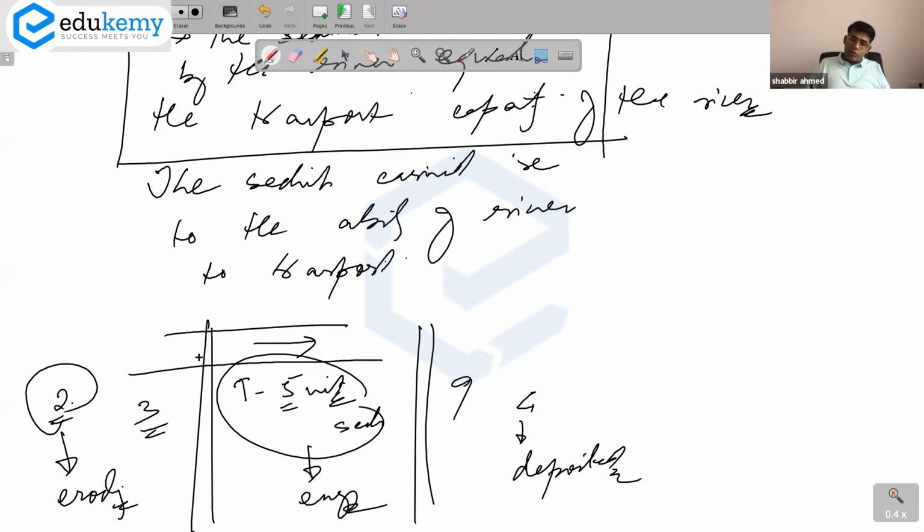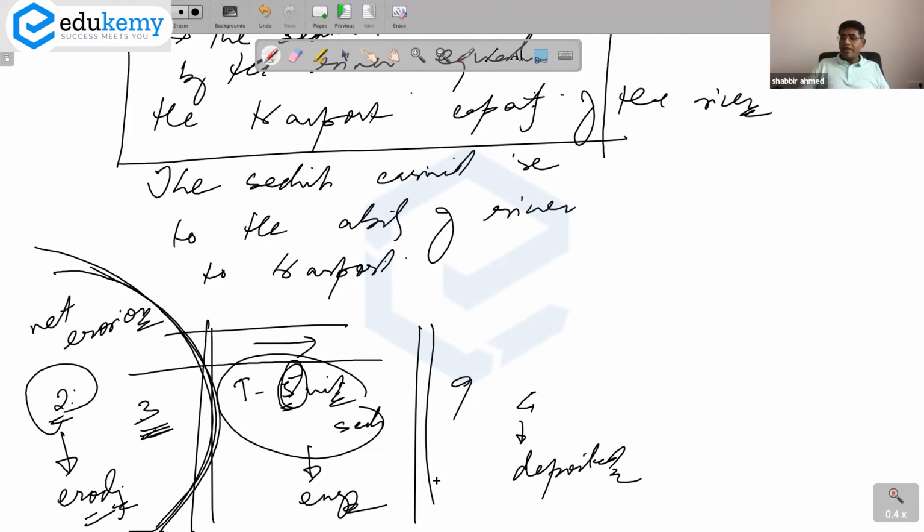So in the case where the transportation capacity was 5 and the sediments to be transported were 3, the extra energy left, 5 minus 3, which is 2, is used for erosion. So this river performs the role of net erosion. This other river can transport 5, but sediments are 9, so the excess 4 gets deposited.